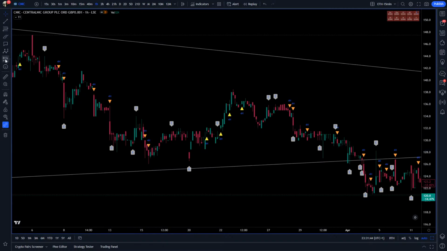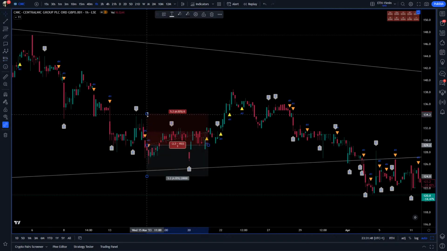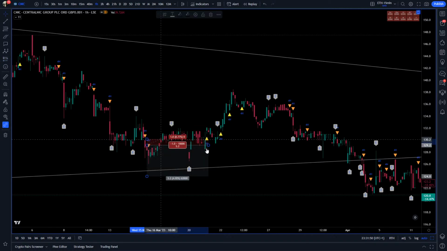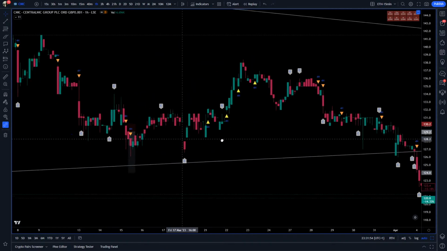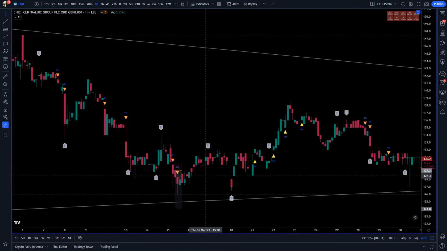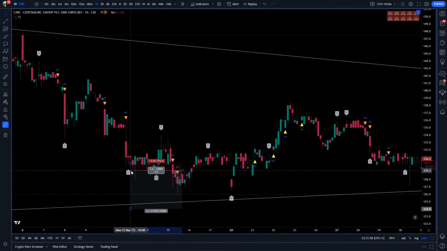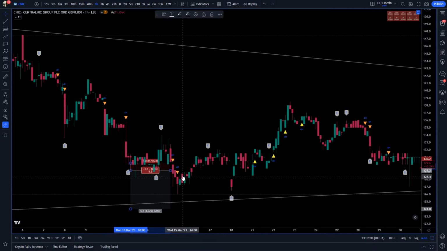But in this case, we are in profit, and if we close our position on time, we are in profit. Let's remove this here, we are still in profit.